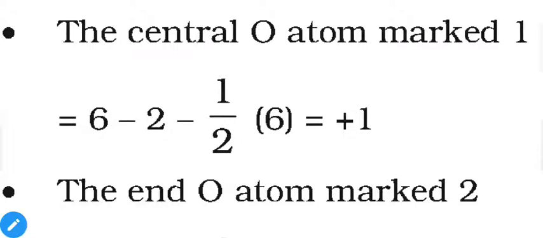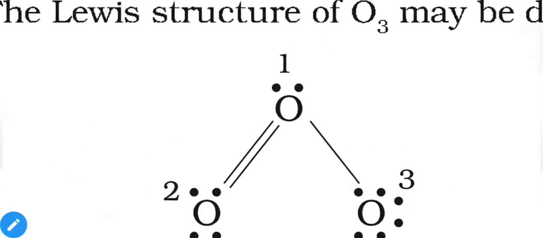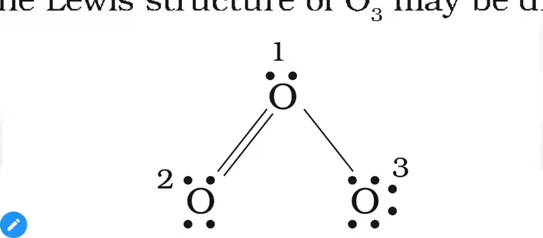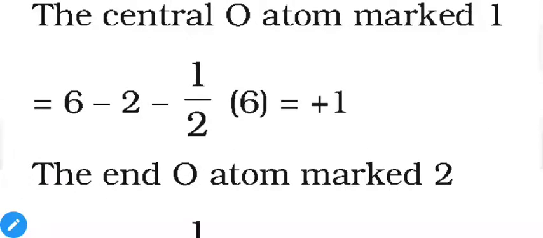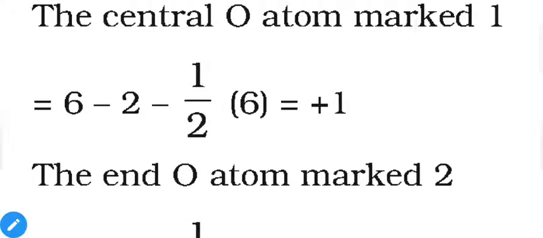We calculated 6 valence electrons in free oxygen, so first we place 6. Minus the second point, the lone pair electrons. For the first oxygen, we have 2 electrons not shared with other atoms, so it will be 2 in this equation. Minus 1 by 2 multiplied by the total number of shared electrons.